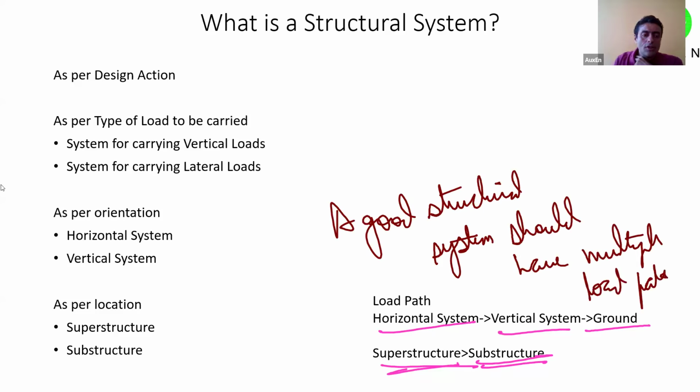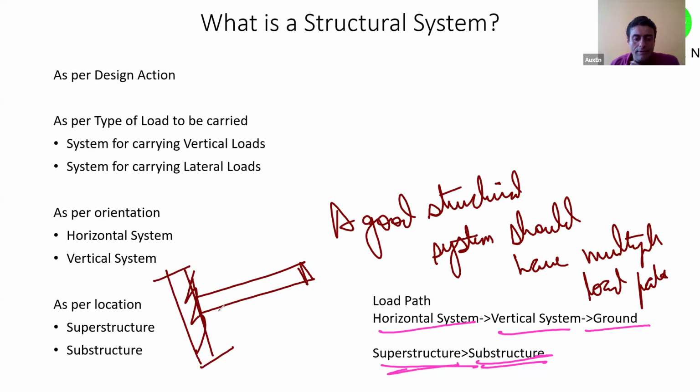What does this mean? This means that, let's say, a very simple example, if this was a cantilever, okay, I had taken this cantilever from a column. I am showing you the elevational view. So let's say I had this cantilever beam coming out from a column. Now suppose there was to happen a failure at this junction in moments.